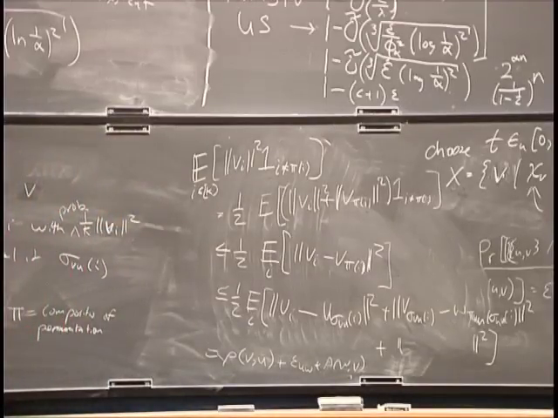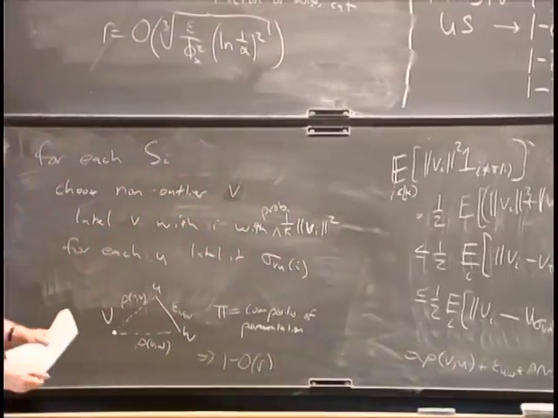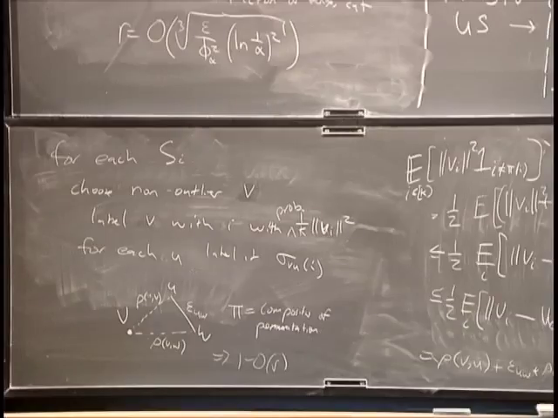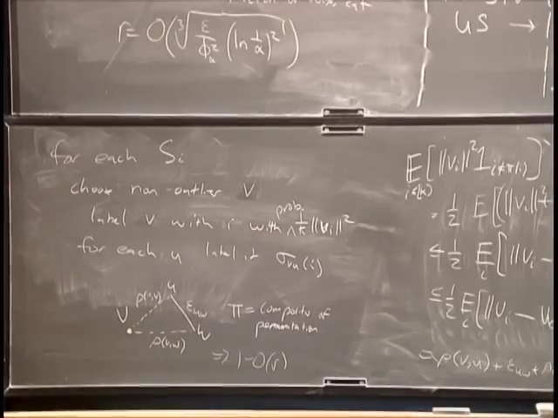So now for an average edge in SI, with probability 1 minus R, these both are less than R. This is on average epsilon. So on average, we end up satisfying this edge with probability something like 1 minus order R. Another order R edges that we're not even trying.